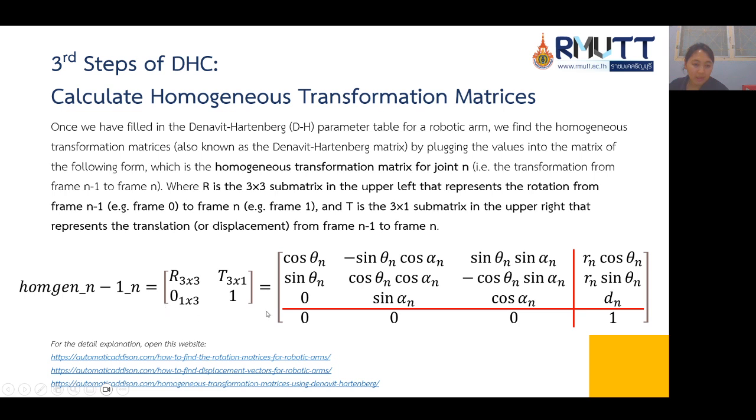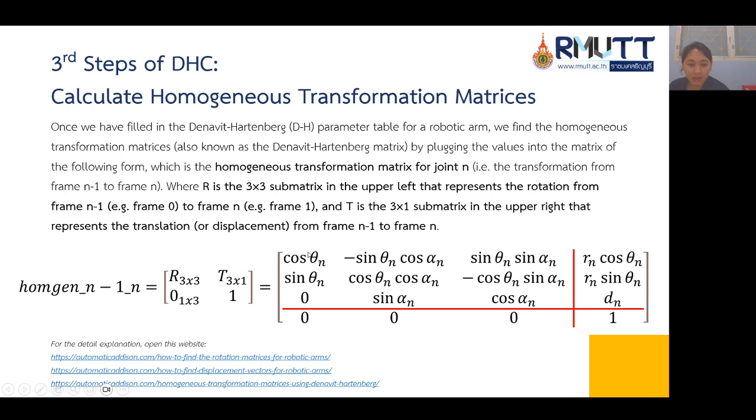We can see here the matrix: this is the rotation matrix, a 3 by 3 matrix, and this is the translational or displacement vector, a 3 by 1 matrix. The other elements are 0, 0, 0, a 1 by 3 row, and the last element is 1.